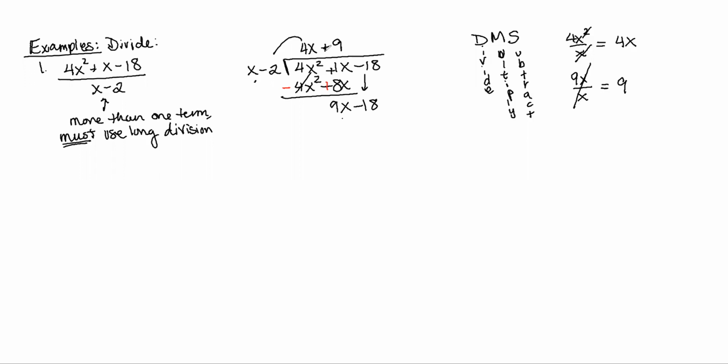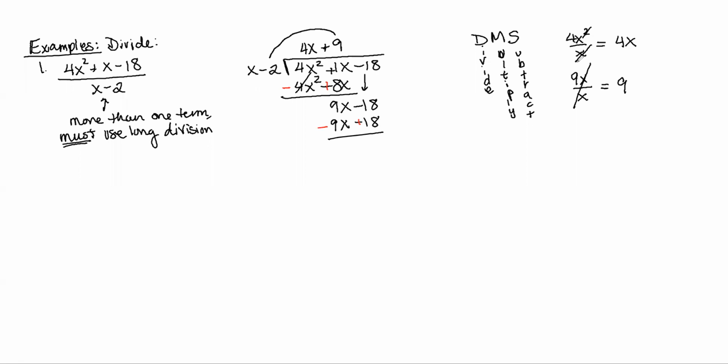And then we multiply. So we're going to multiply just the 9 by x minus 2. So 9 times x is 9x. 9 times negative 2 is negative 18. I'm going to change both of the signs and subtract.